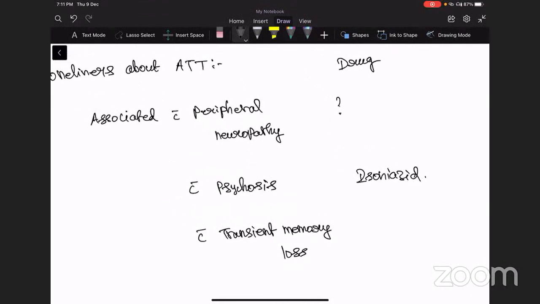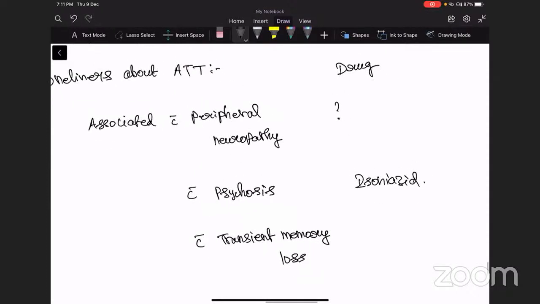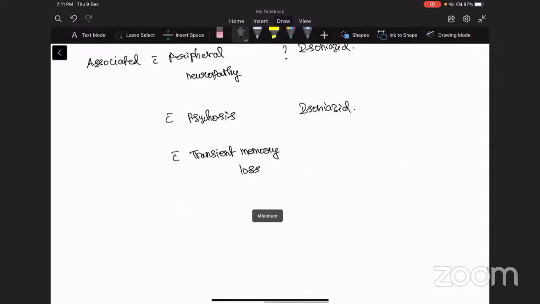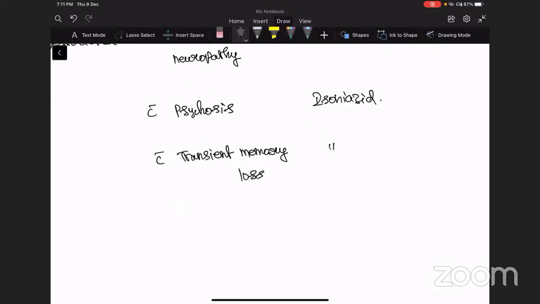My question is associated with peripheral neuropathy. Isoniazid is correct. Transient memory loss is the same, isoniazid.